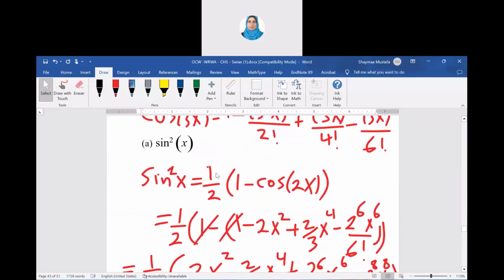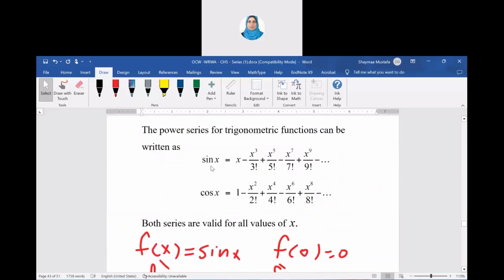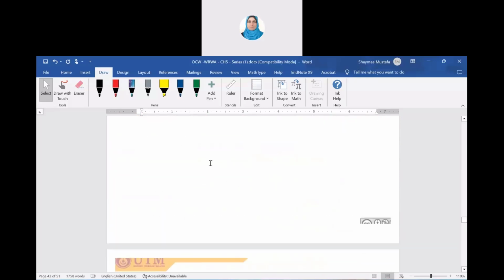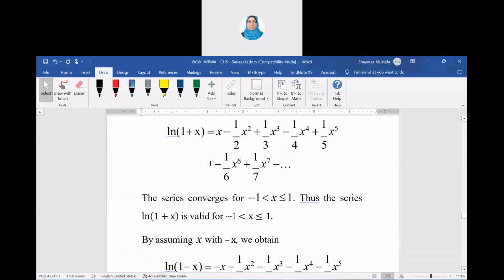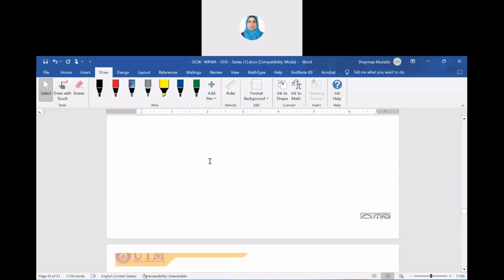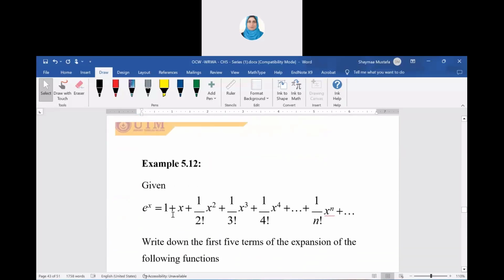For e to the x, in our previous class, we already found the Maclaurin series. This one: 1 plus x plus 1 over 2 factorial x squared plus 1 over 3 factorial x cubed.